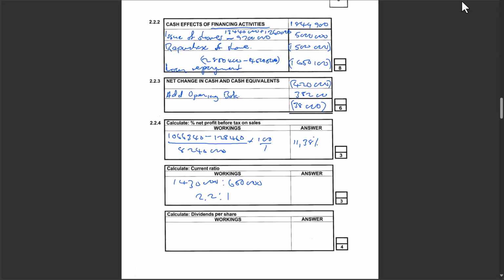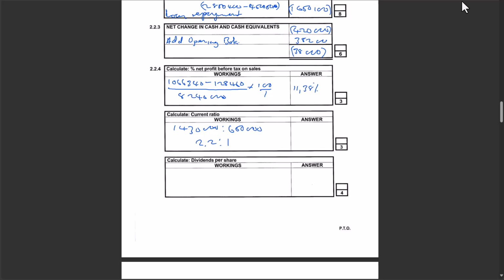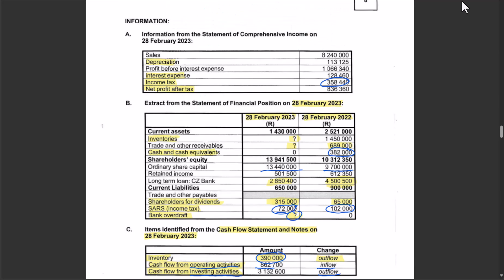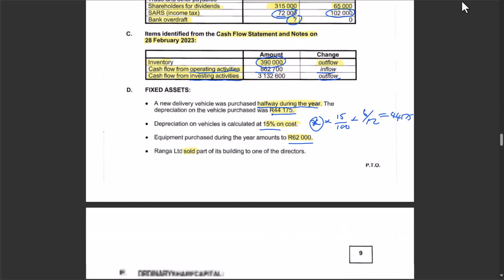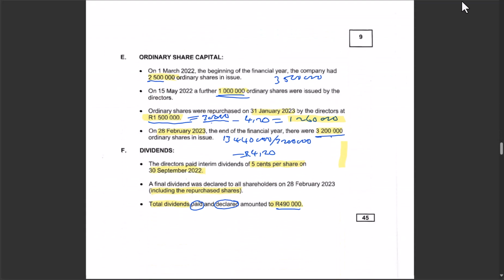Then the next one, dividends per share. Dividends per share basically calculates how much dividends are given per each share. If you come to our question here, if I scroll down to share capital, the total dividend was 490,000. The total shares were 3,500,000.